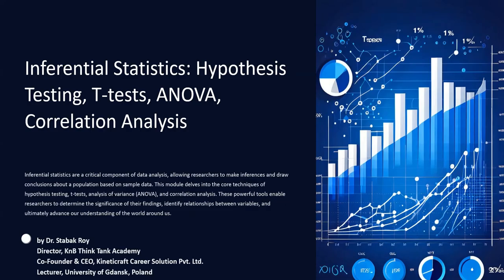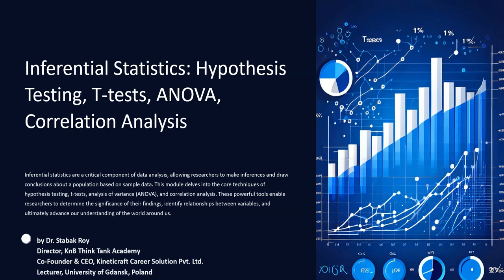Today we will discuss inferential statistics, like hypothesis testing, t-test, ANOVA, and correlation analysis. Inferential statistics are a critical component of data analysis, allowing researchers to make inferences and draw conclusions about the population based on the sample data.